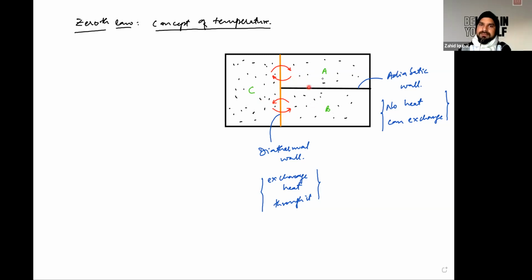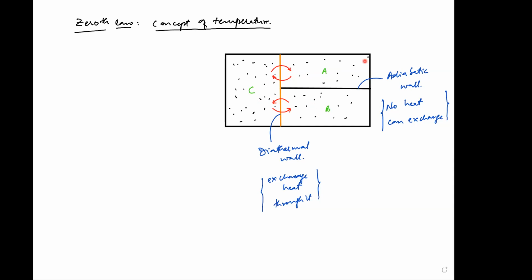So it says, if two thermodynamical systems, A and B, are individually in thermal equilibrium with a third system, that is C, then they must be in equilibrium with one another. Is it clear? Yes, sir.